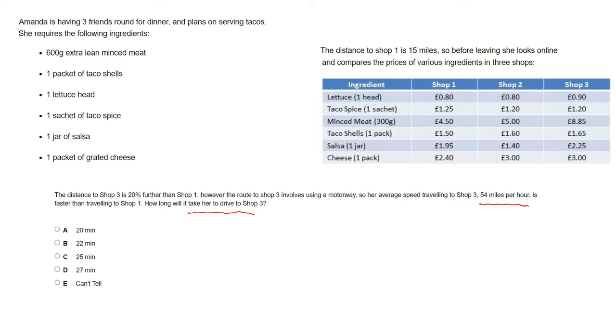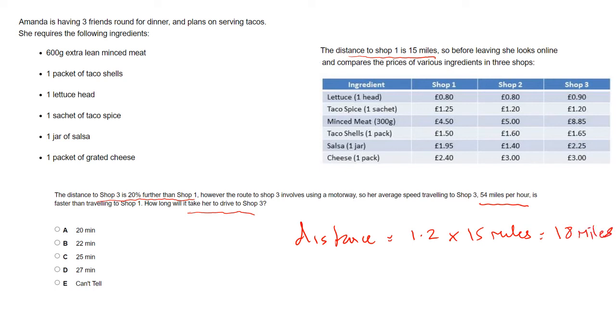Now, it doesn't directly tell you that, but it tells you that the distance to shop 1 is 15 miles, so the distance to shop 3 is 20% more than that. So that means that distance, if it's 20% more, that means it's 1.2 times 15 miles, which is 18 miles.